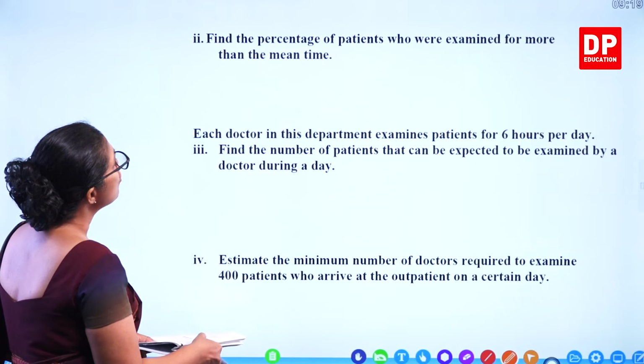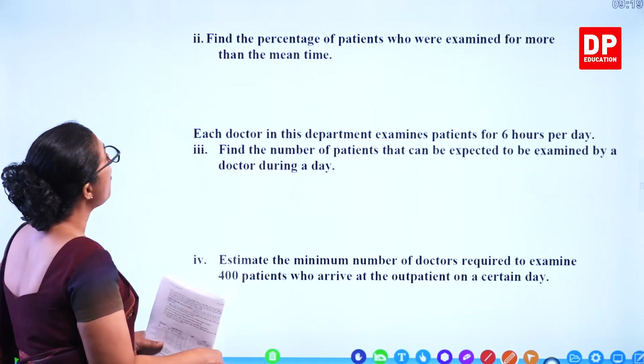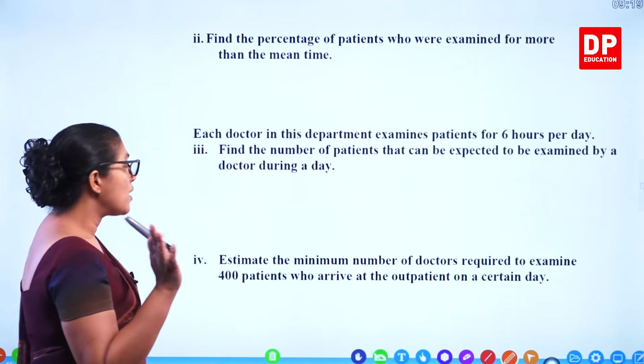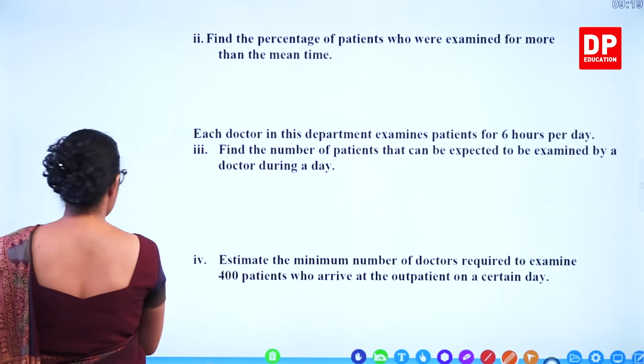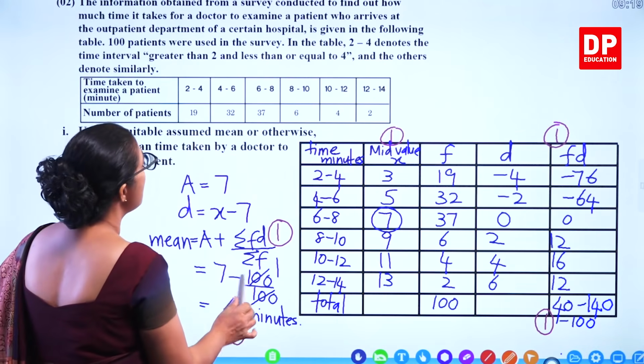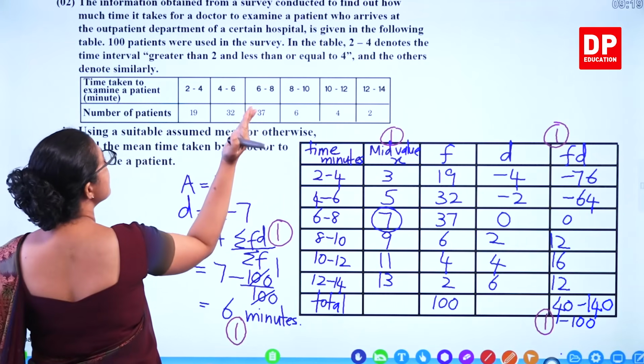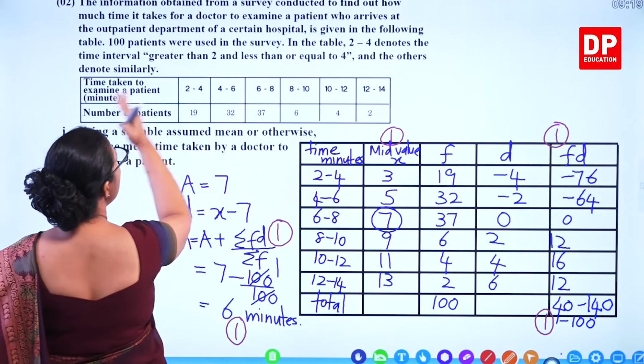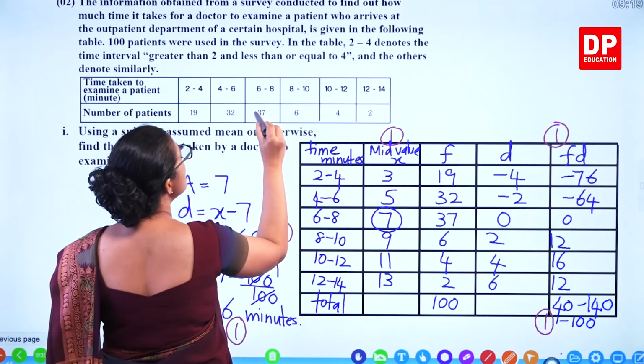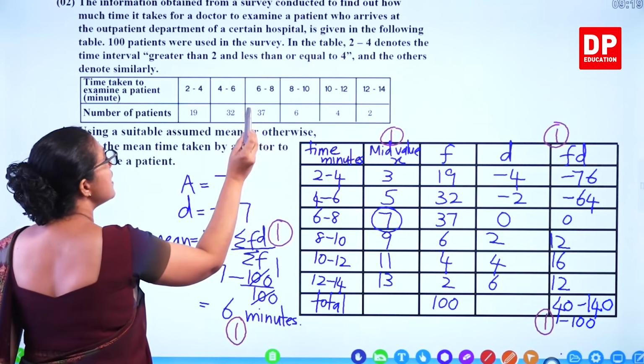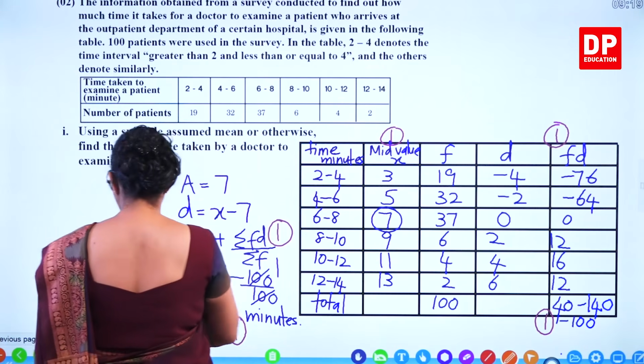Find the percentage of patients who were examined for more than the mean time. Now what's the mean time we found? 6 minutes. More than 6. So here this is 6 or less than. More than 6 means we have to add these values. 37, 6, 4, 2.